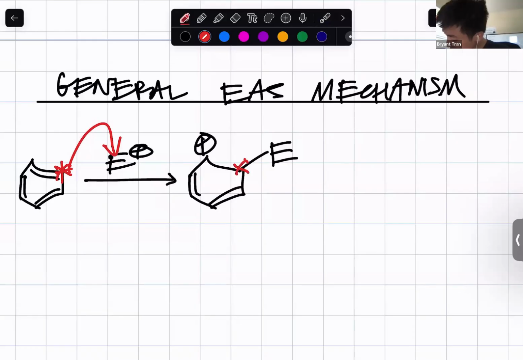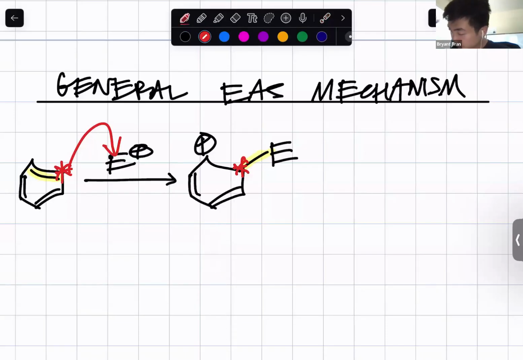this intermediate right here, where we used this bond to create this new bond between the starred nucleophilic carbon and the electrophile. But because this carbon lost a bond, that carbon will be a carbocation now. So that's the second step: the nucleophilic benzene ring attacks the electrophile that we created from the first step, which breaks aromaticity.